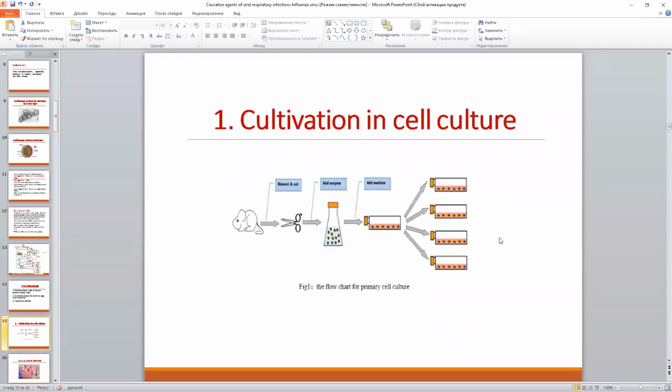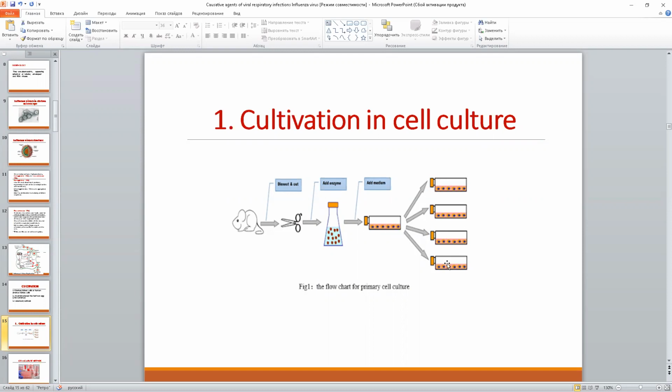And cultivation in cell culture, there is just a picture of how it is supposed to take some organs from animals, maybe from the chick embryo, and then by using an enzyme, these cells should be separated, and then we have to place some medium in a special bottle or maybe a petri dish, maybe some polystyrene plate. Cells need substances and they should be alive. So viruses don't grow on media, but we need a medium to sustain the metabolism of the cell culture.